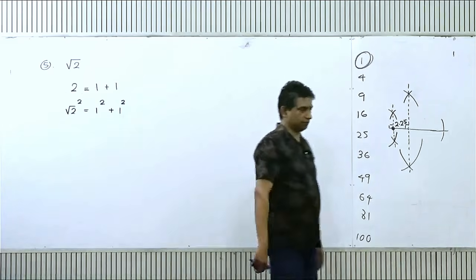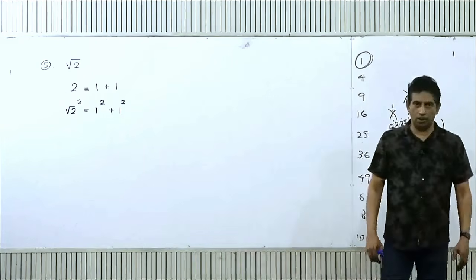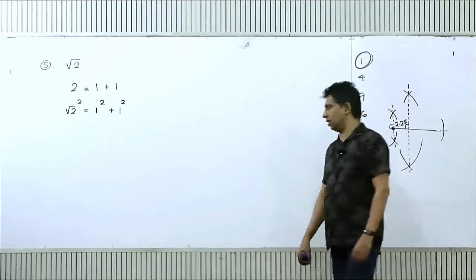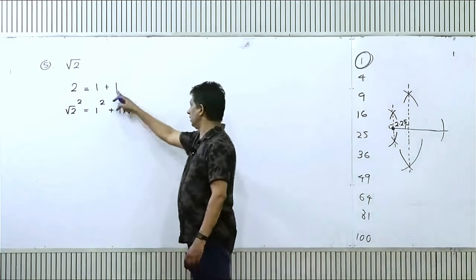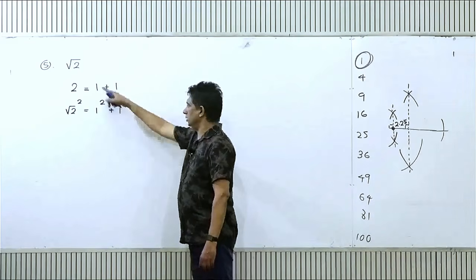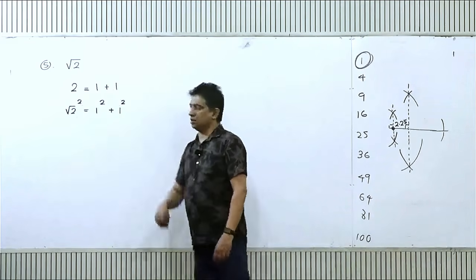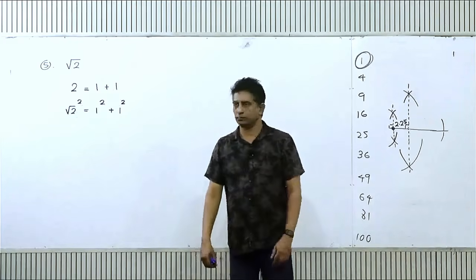What we did here? We are trying to use the Pythagoras theorem, right? That is why we write this number as its square root squared.